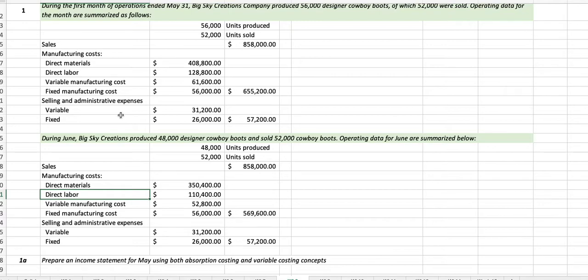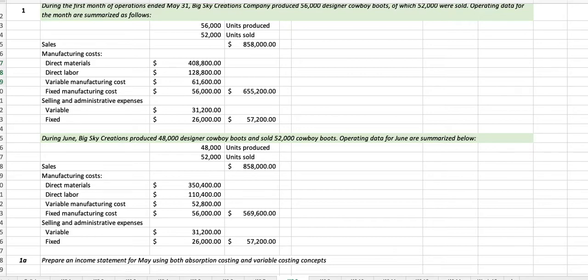Absorption costing incorporates both your variable costs and your fixed cost. And those costs are incorporated in the cost of goods sold as well as inventory. Variable costing, though, only incorporates the variable pieces of your cost of goods sold and your inventory. So the costing methodology really impacts the operating income as well as your inventory costs.